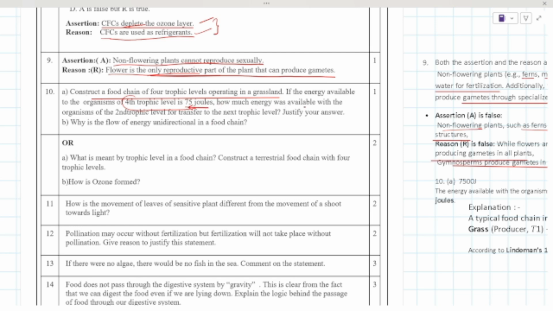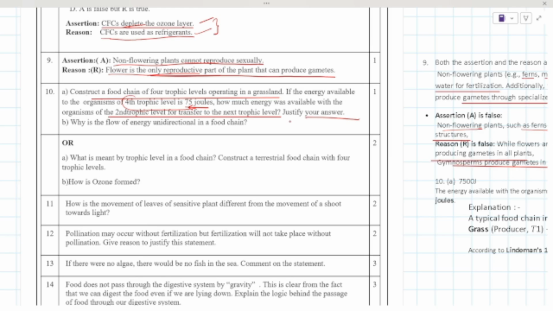How much energy was available with the organism of the second trophic level for the transfer to the next trophic level, and justify your answers. Tell me what will be the energy for the second trophic level.